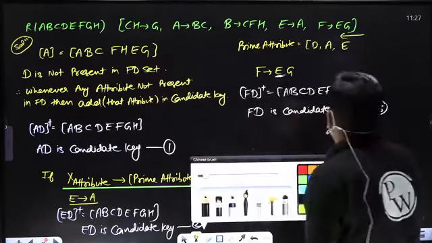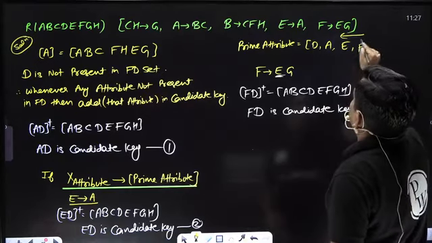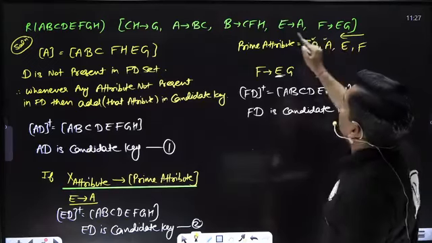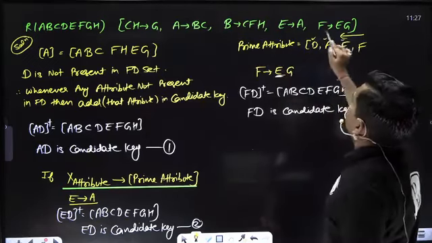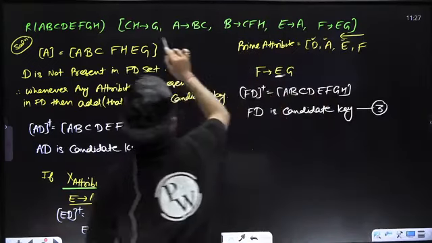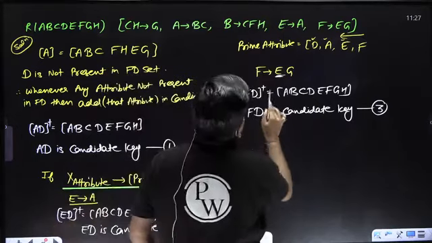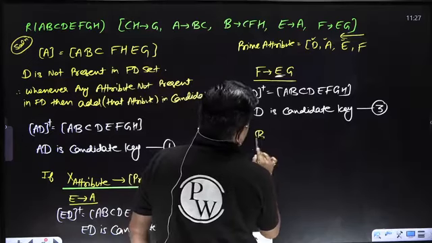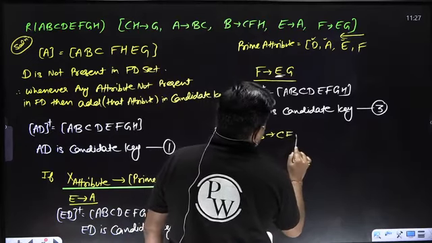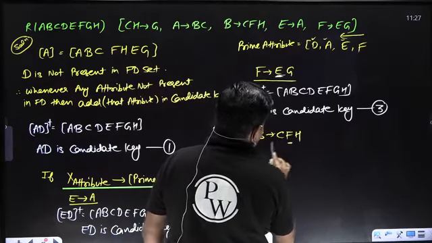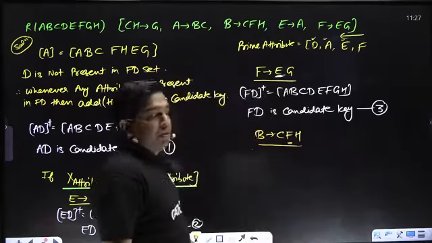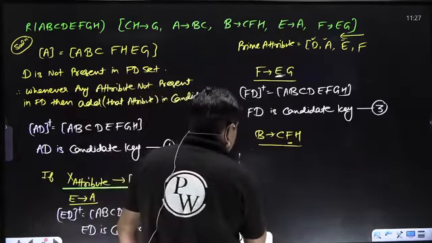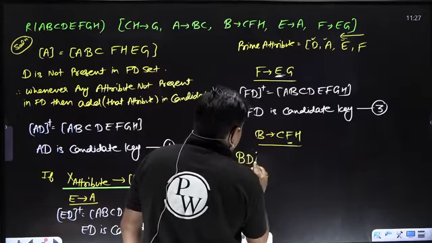The next prime attribute is what? F. A's work done, E's work done. Now check for F. Here you can see F is determined by B. B determines F. So we will replace this F with B. Then we can say BD.